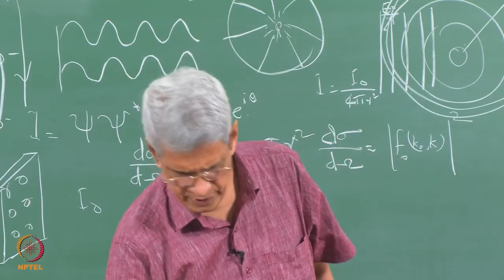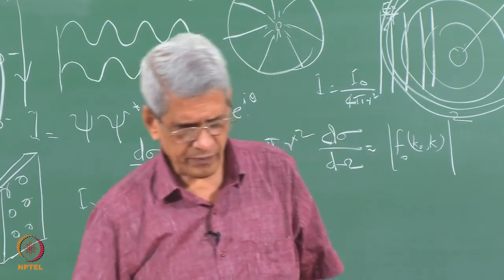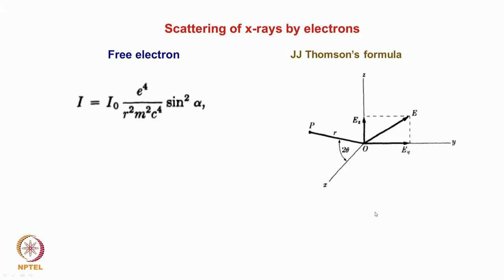This was calculated by a classical formula derived from classical electrodynamics by J. Thomson. Essentially the answer turns out to be I equals I0, where e is the charge of the electron, R is the distance at which we measure, m is the mass of the electron, and c is the velocity of light. This term gives the dependence on the propagation direction, at what point we are trying to measure it.